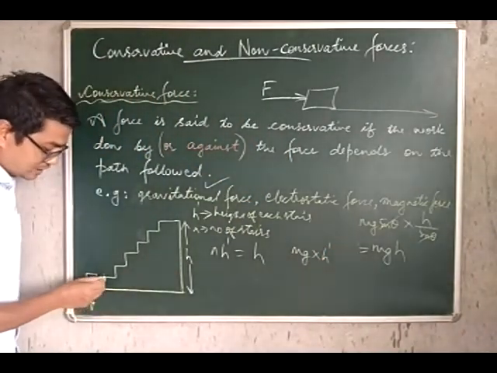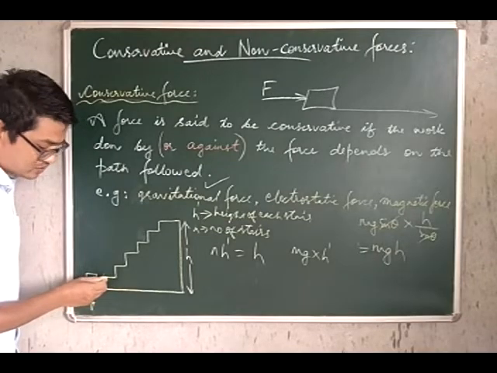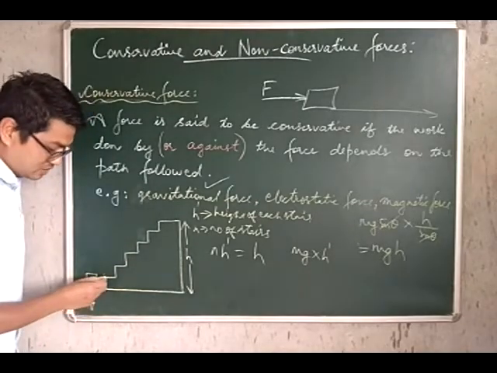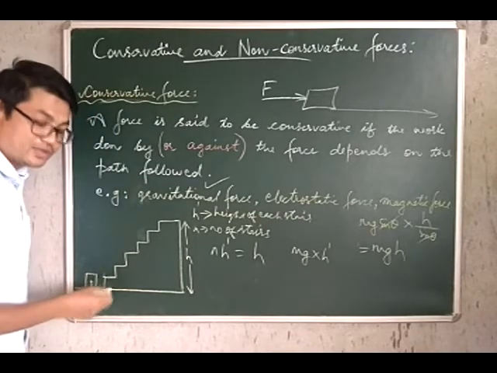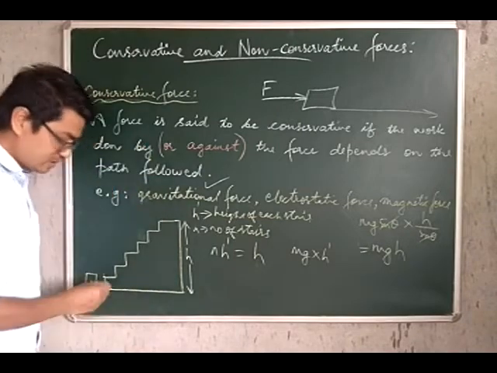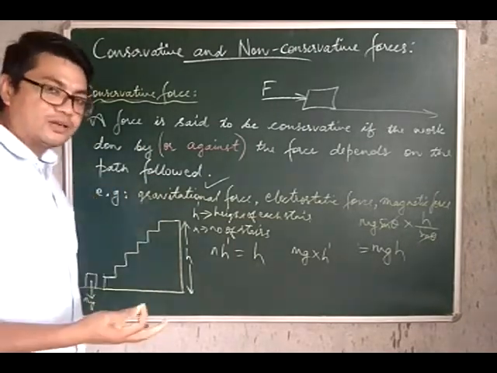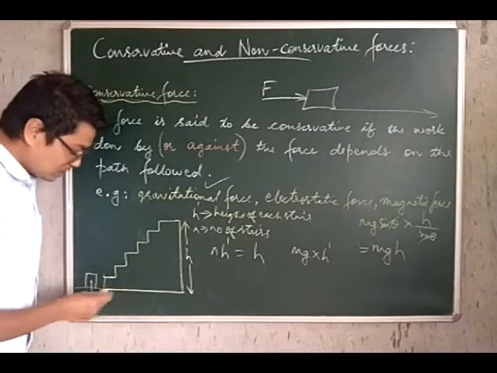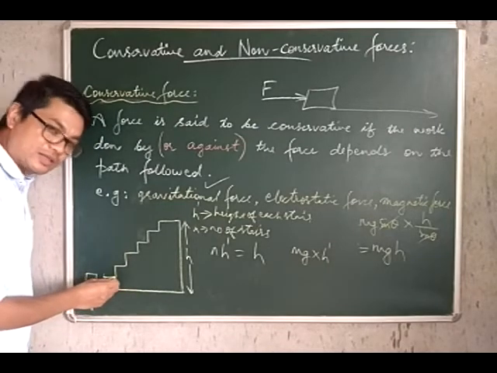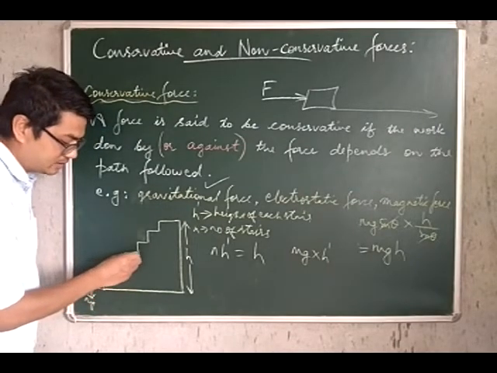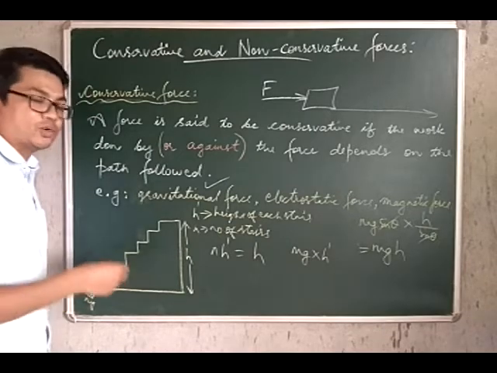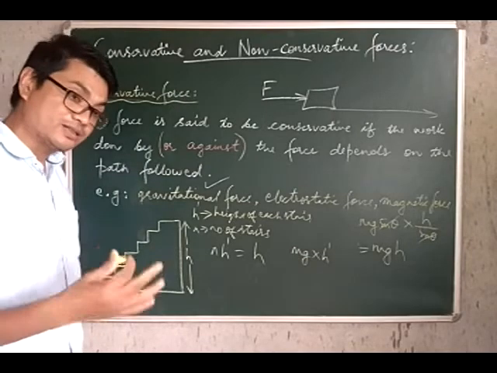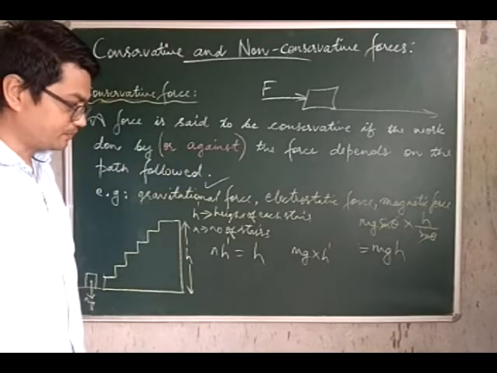Now we also need to take the body through this horizontal distance, but the work done against the force of gravity to move the body by the horizontal distance is 0, because force of gravity and the horizontal distance are at an angle of 90 degrees with respect to each other. So there is no work done to move the body by the horizontal distance. In every stair over here, the work done to move it by a horizontal distance is 0 against the force of gravity, of course, and we are considering the case of no friction.